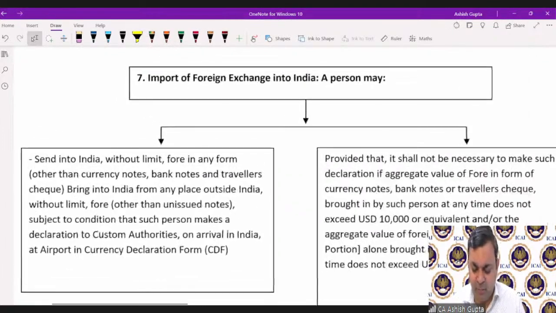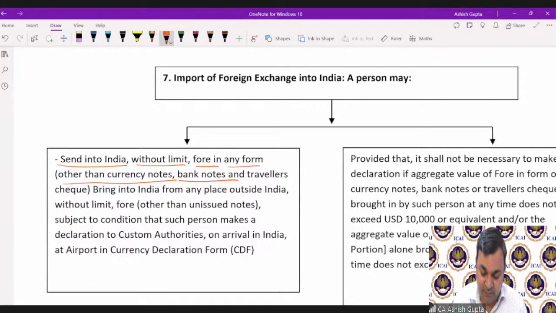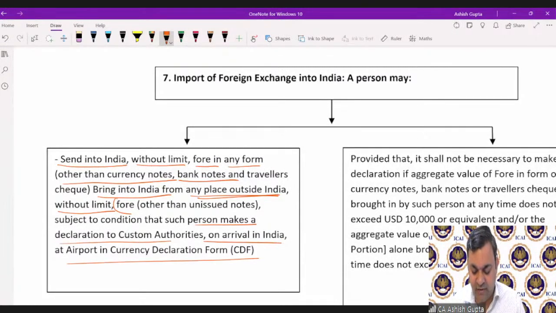Point number 7, import of foreign exchange into India. A person may send into India, without limit, foreign exchange in any form other than currency notes, banknotes or traveler's checks. Bringing into India from a place outside India, without limit, other than unissued notes, is subject to the condition that such person makes a declaration to the customs authority on arrival in India at the airport in the CDF, currency declaration form.